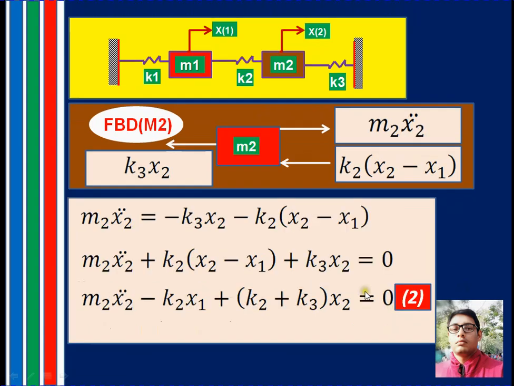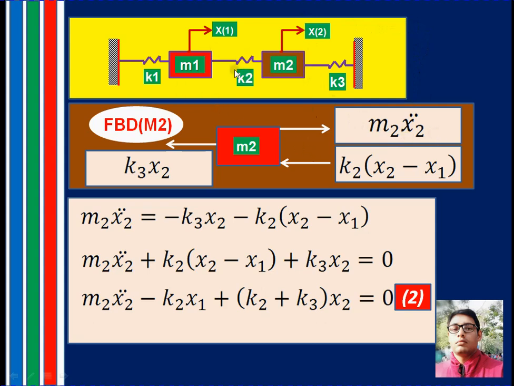The same thing can be repeated for block number 2, where x2 is moving towards right, which means k3 is compressed. K3 compression will make the spring act with a force towards left on m2. So k3 x2 will be acting towards left. The inertia force definitely will be in the direction of the applied displacement, so m2 x2 double dot.